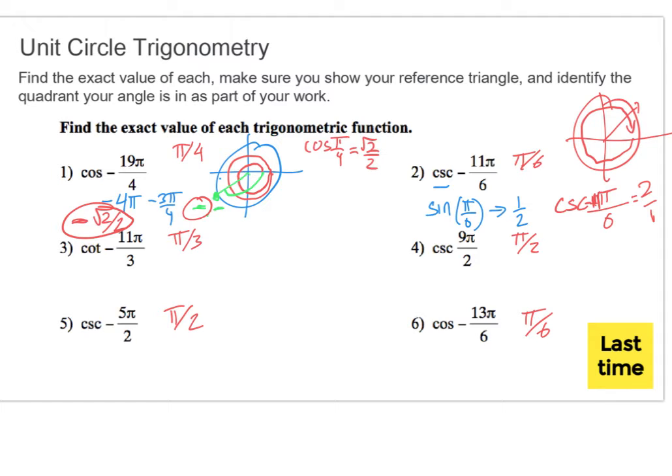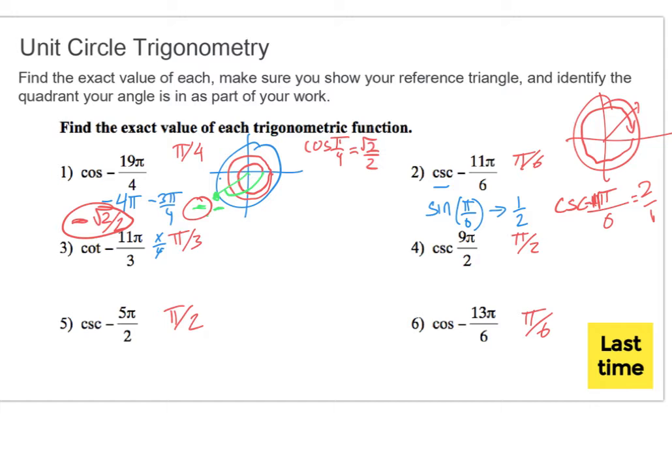For cotangent, it's the reciprocal of tangent. You might also recognize that this is going to be a value of x over y. So if I can figure out what the coordinates are there, I'm in good shape. In terms of where on the circle this is, we're dealing with 3. So I might think about this as 2 pi is going to be 6 pi over 3.